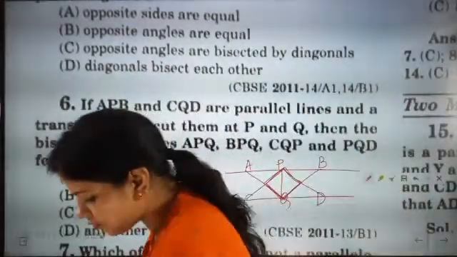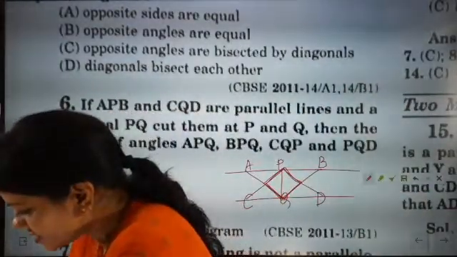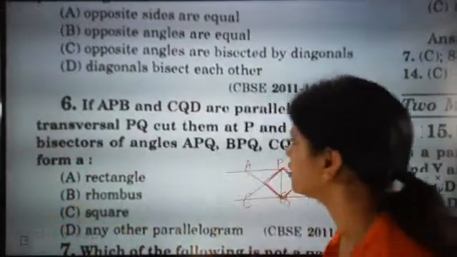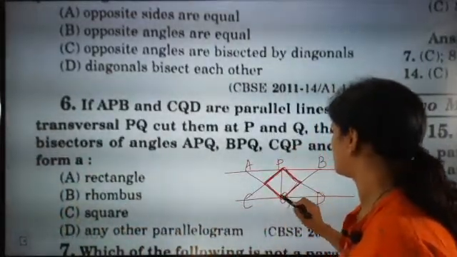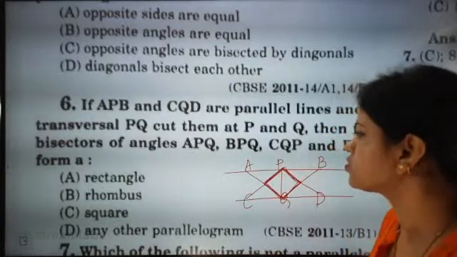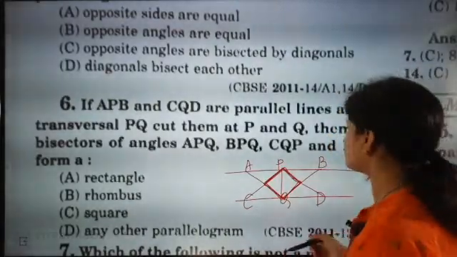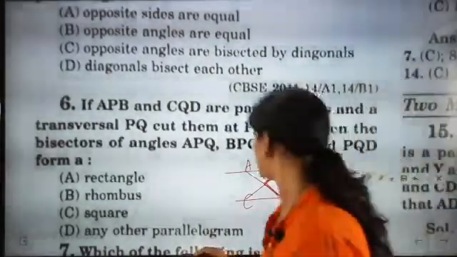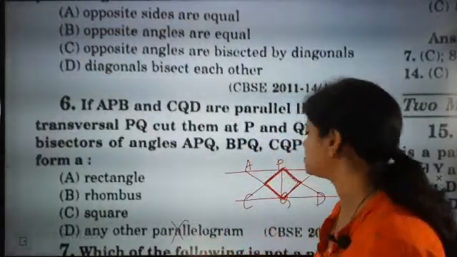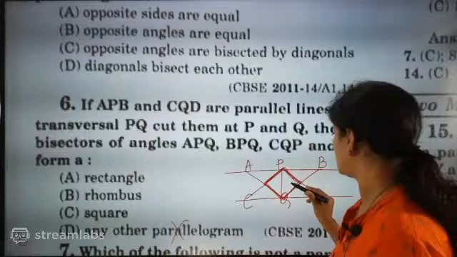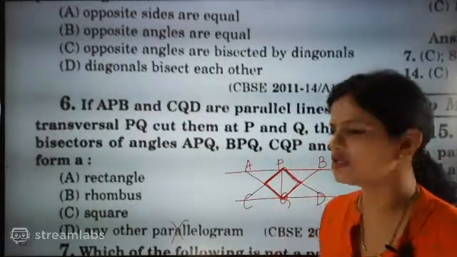It is going to form what? The bisectors are going to form a rectangle, rhombus, square. Square is not possible, and the other parallelogram is not possible. Here bisectors are there, so we can prove that the opposite sides are equal at least.